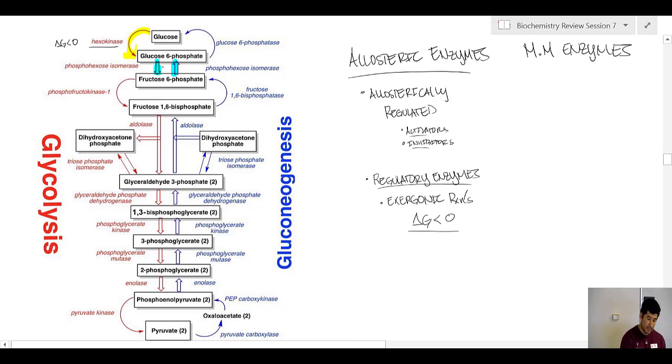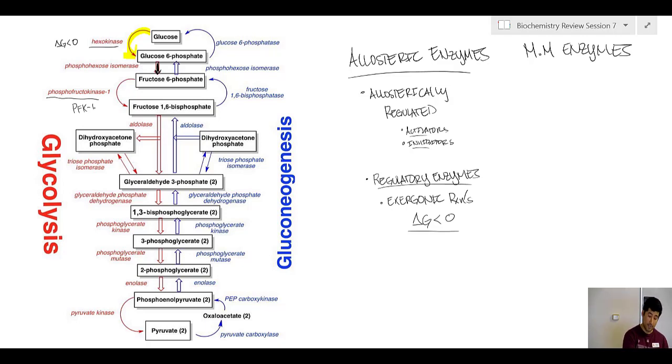Now that we have glucose 6-phosphate, phosphohexose isomerase converts it into fructose 6-phosphate, so here we're going in the down direction. And then phosphofructokinase 1, PFK1, takes fructose 6-phosphate and converts it into fructose 1,6-bisphosphate.